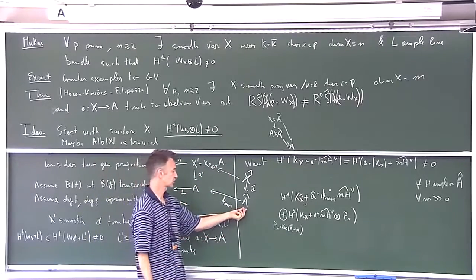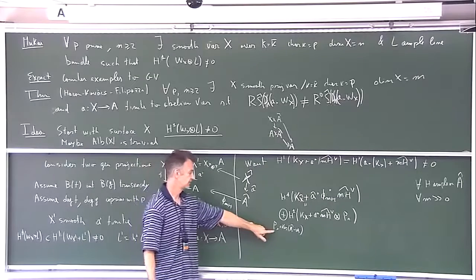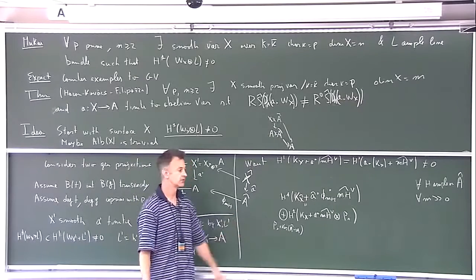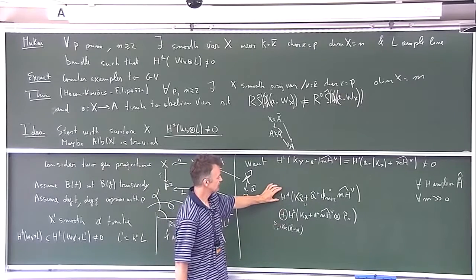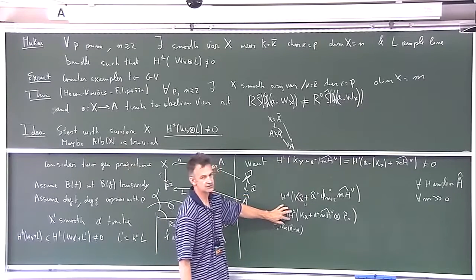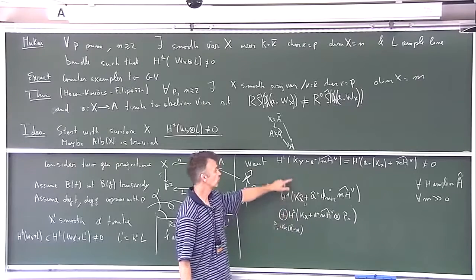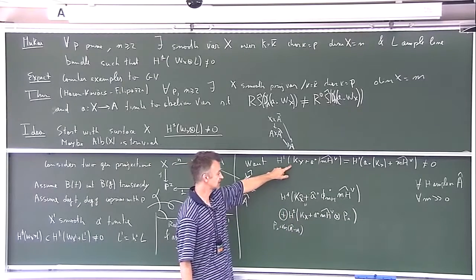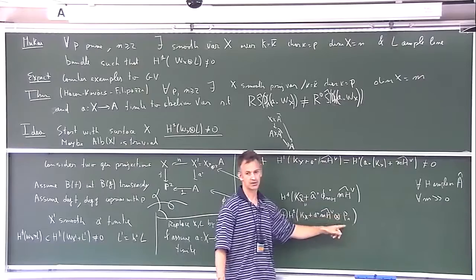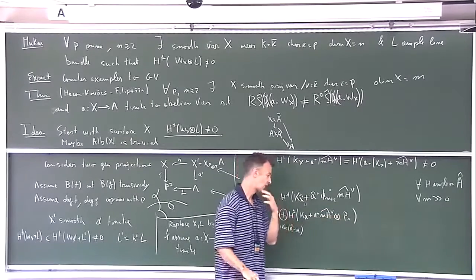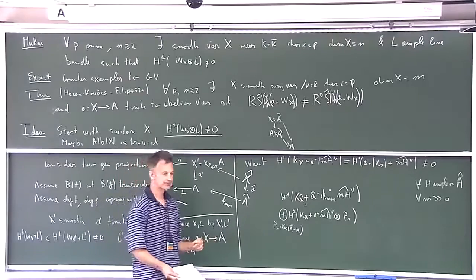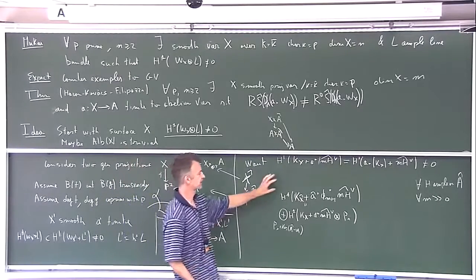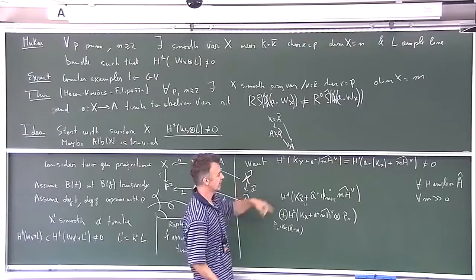If I push forward the structure sheaf of A hat, these are the summands I get. So if I show that this doesn't vanish, then I'm showing that one of these doesn't vanish. These all look an awful lot like this. They're just this guy twisted by a topologically trivial line bundle. So with some work, I can make it into a proof. So what I'm saying is that this cohomology group is closely related to that.